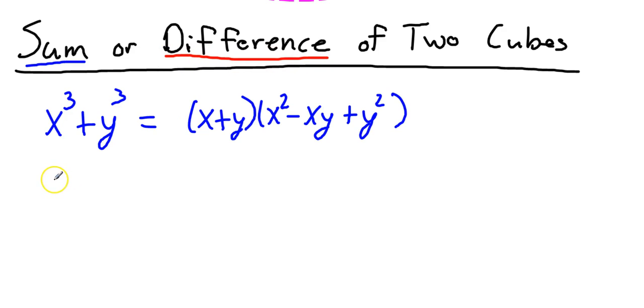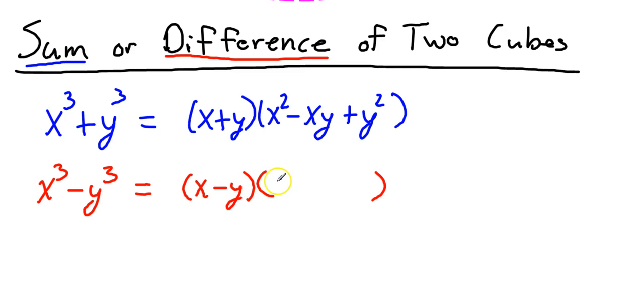With a difference, it's the exact same numbers, exact same variables, exact same powers. The only thing that changes are the first 2 signs. So when you go from plus to minus here, you change the first one and you change the second one, but the last one stays the same.